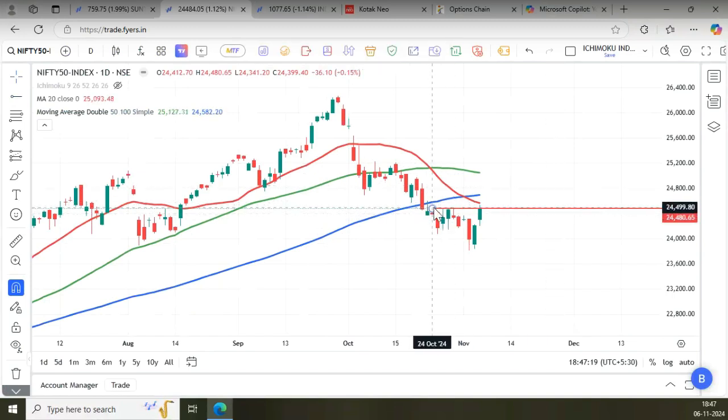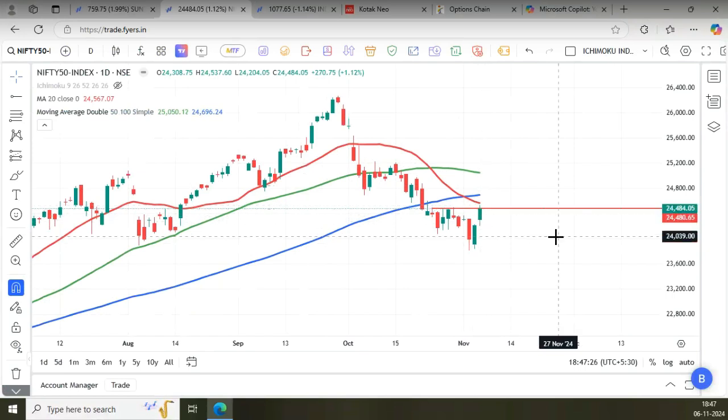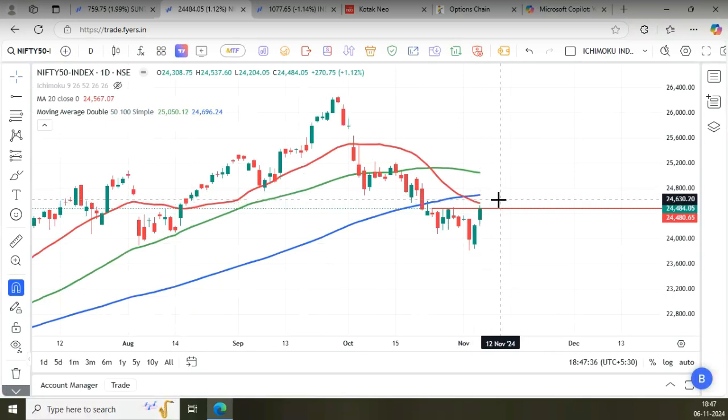So it's taking that resistance, very close to the resistance. So that means that if the bears have to be killed, then we need a gap up above maybe 24,567. Okay, otherwise there is a chance of a fall.